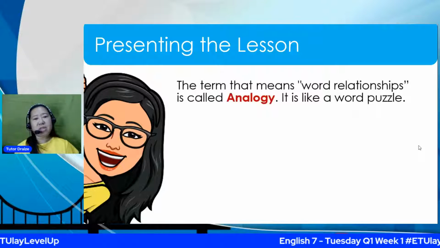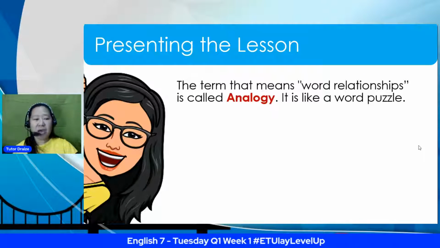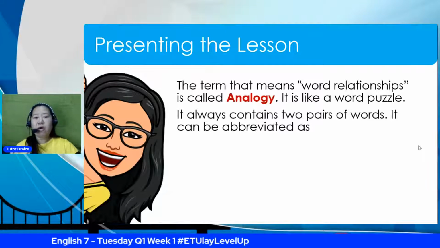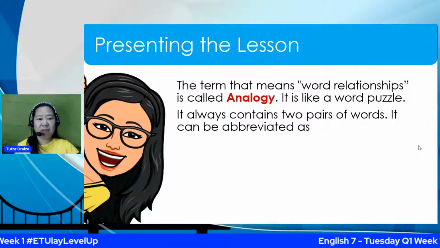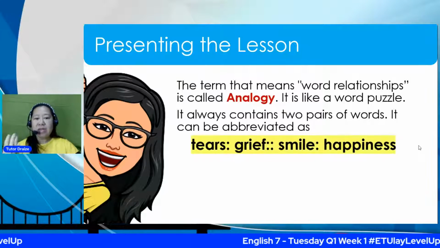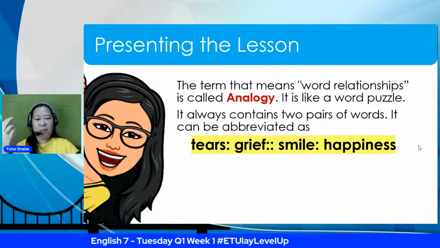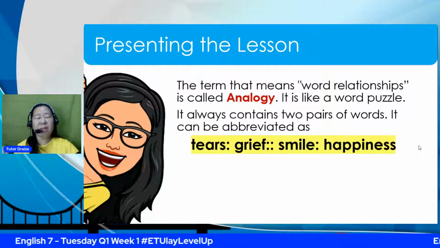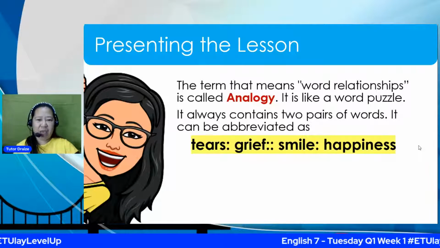So the term that means word relationships is called analogy. It is like a word puzzle. It always contains two pairs of words and it can be abbreviated like this: tears, colon, grief, double colons, smile, colon again, happiness.